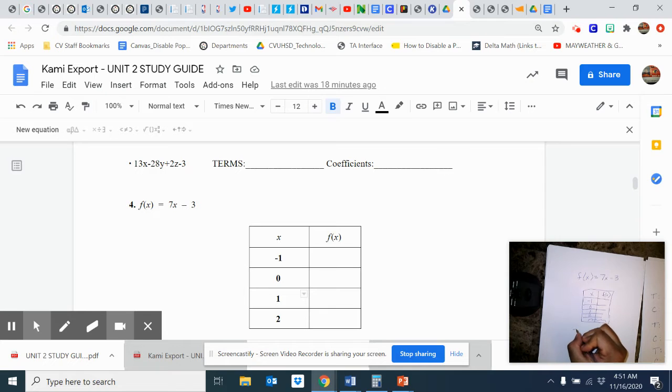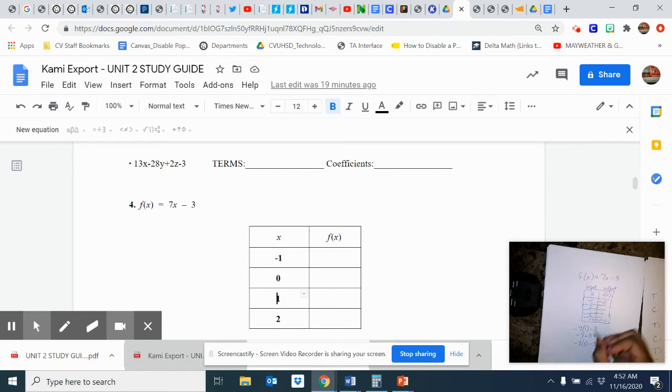So what I'm going to do is 7 times negative 1 minus 3. I get negative 7 minus 3. That's going to give me negative 10. I'll put that here. This is my input. This is my output. Okay. 0: 7 times 0 minus 3. So when you get it on the test, you're actually going to have these done, but you need to do this to match it to the right table.